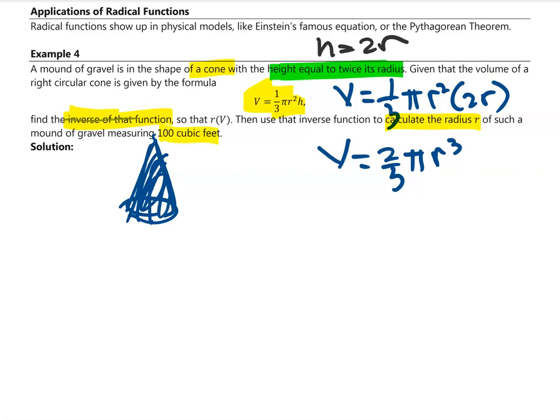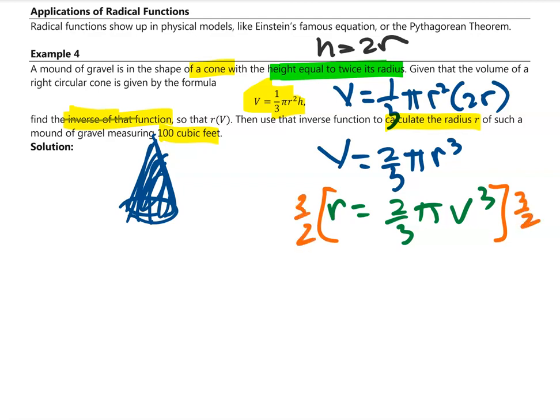Okay, so how do we find the inverse? So we have r and v, so we switch r and v. So that's what we do. So now this is r equals 2/3 pi v cubed, and then solve for v. Okay, so get rid of 2/3, we multiply both sides by the reciprocal, 3/2.